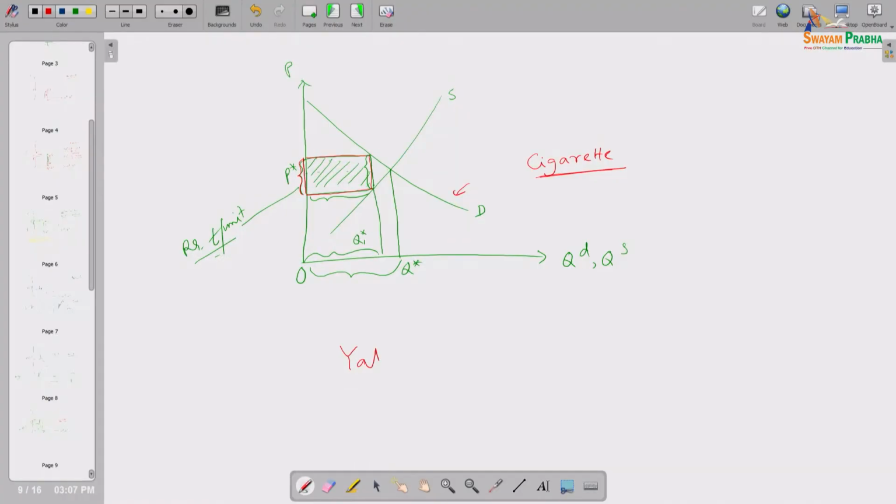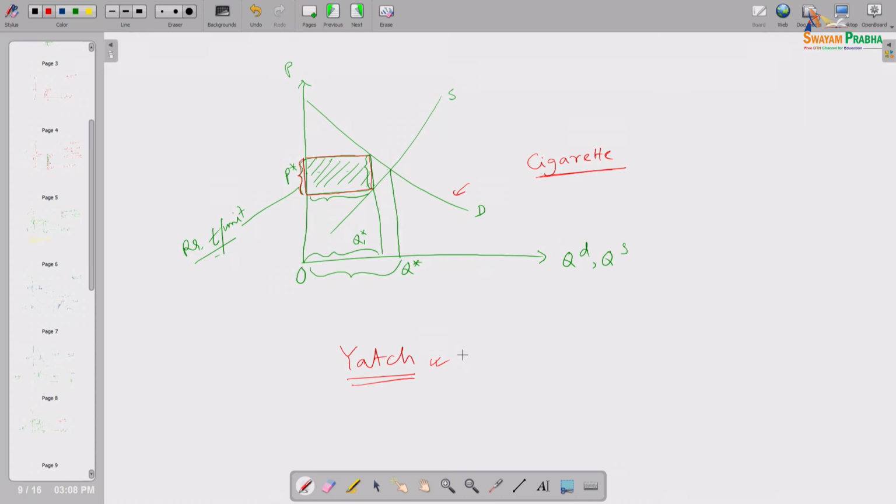The dilemma is, if you impose the tax on, say, a luxurious commodity, who will pay the tax? What is the luxurious commodity? Say yacht. Yacht, I think many of you know, is a luxurious boat, usually very rich people may have this kind of personal yacht.